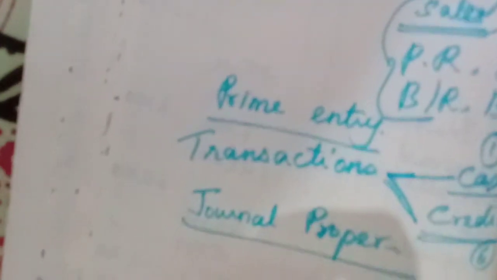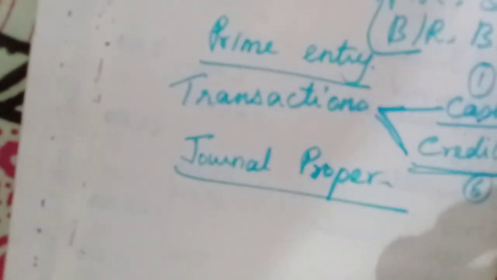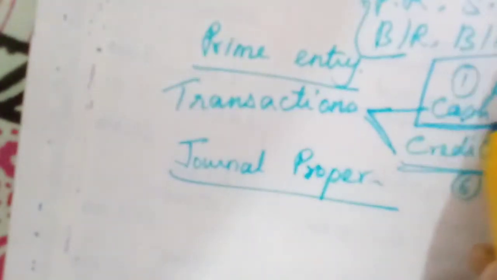So here we are going to learn each and every book, but the cash book we are going to learn in the subsidiary book too. Now for the credit transactions, what books are prepared? We know: purchase book, sales book, purchase returns book, sales returns book.